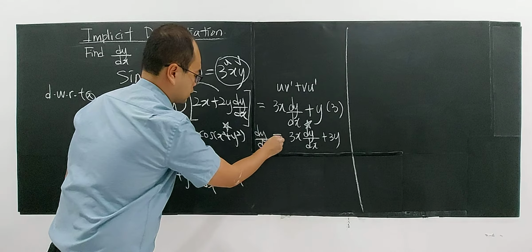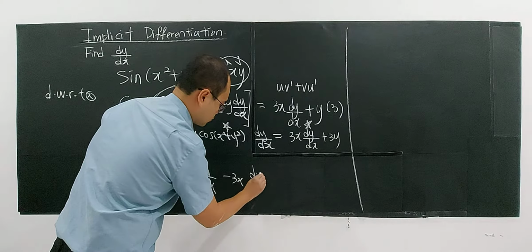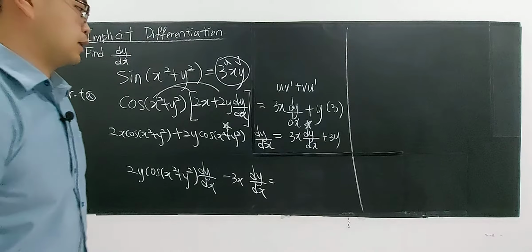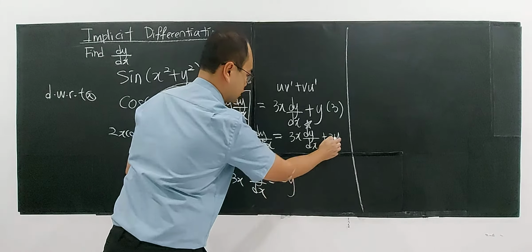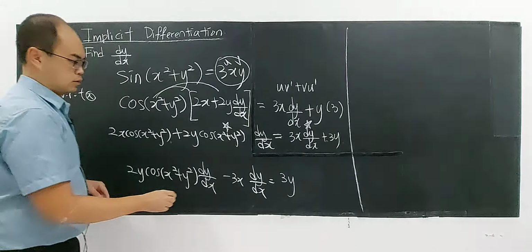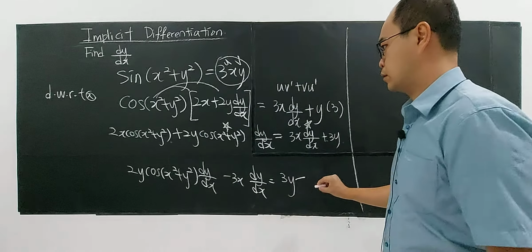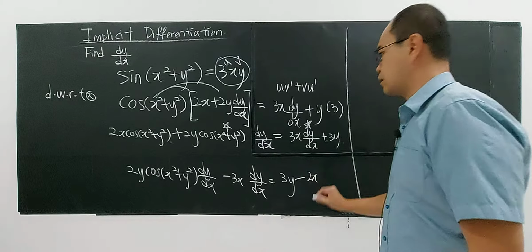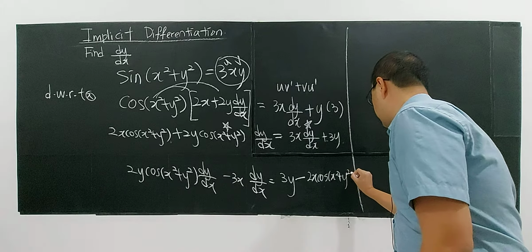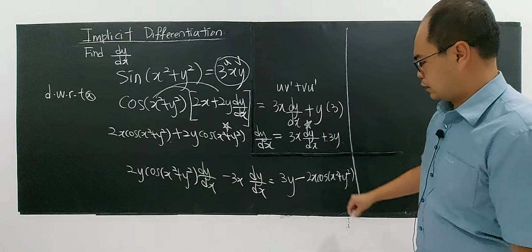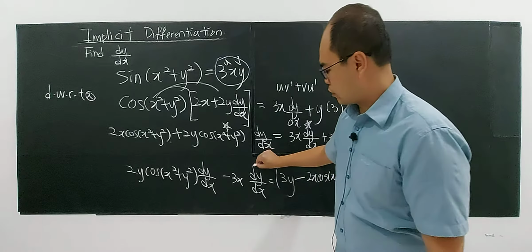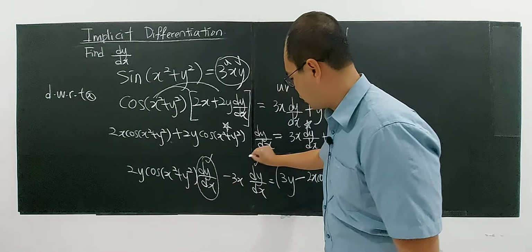You move across the equal sign, so you have 3x dy/dx, and you have 3y here, and this is the term without the dy/dx, right? So I bring over that side, so it will be minus 2x cos(x^2 + y^2). So this is all considered as one term without the dy/dx, and these you have dy/dx, so you can factor out the dy/dx, right?